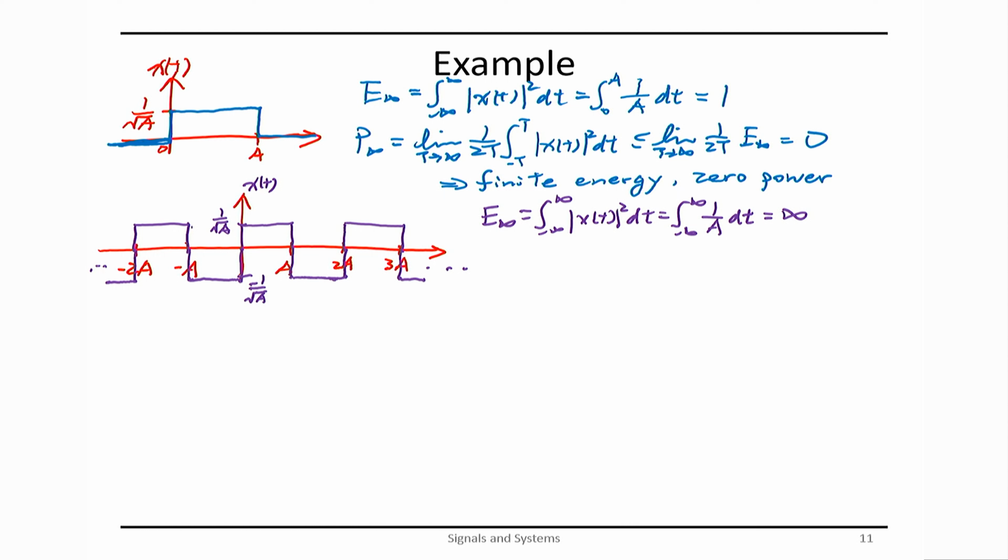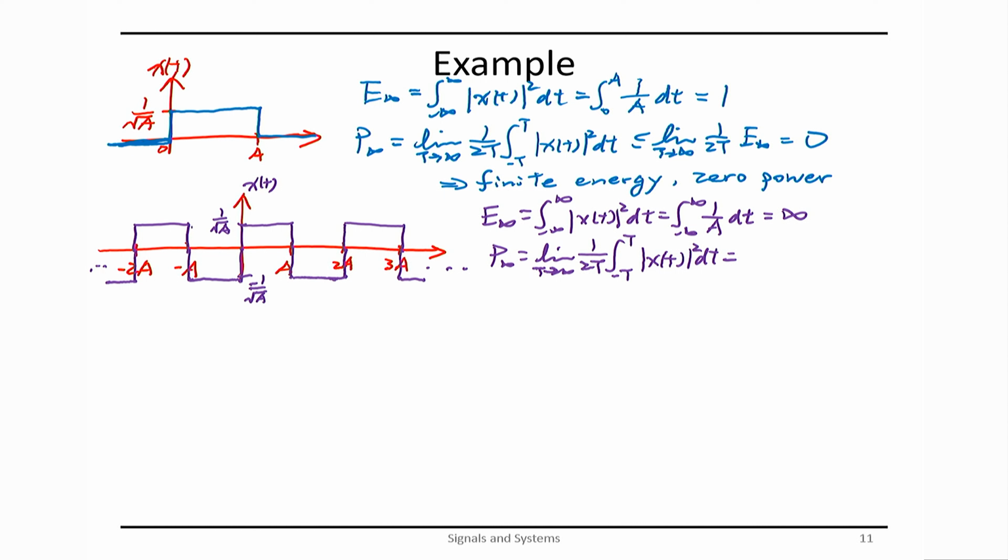But if you compute the power, the power is the average over 2t of the energy from minus t to t. Okay?